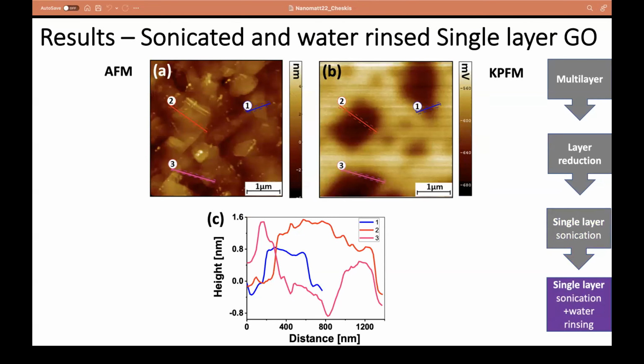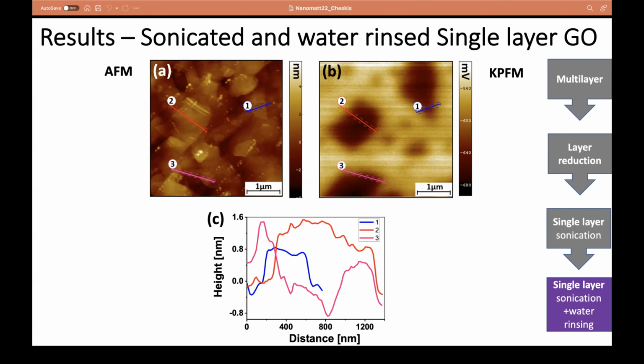And after we make the sonication, we deposit our samples on the gold substrate, and after that we perform water rinsing. Interestingly, this graphene oxide is attached to the gold, and it has to be probably a van der Waals connection.